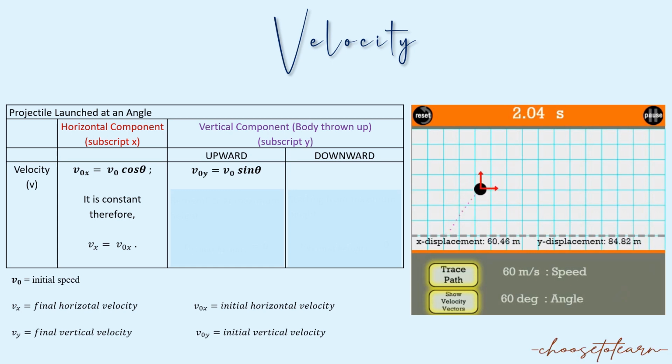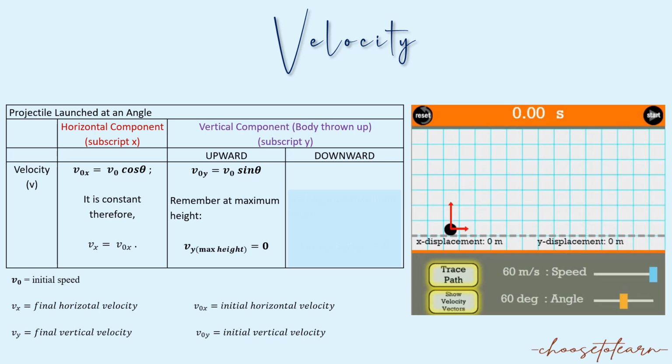So that means our initial vertical velocity is 52 meters per second. As mentioned in our previous lesson, at the maximum height, the speed is equal to 0. So if we focus on upward motion, that means the final vertical velocity is equal to 0.